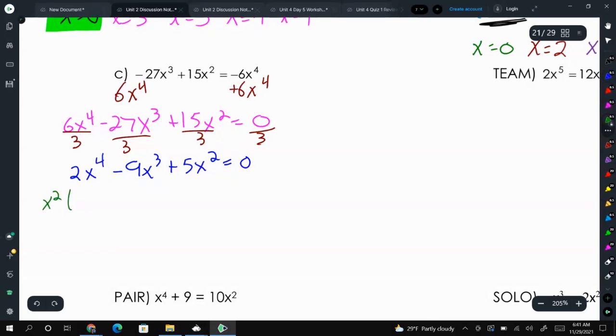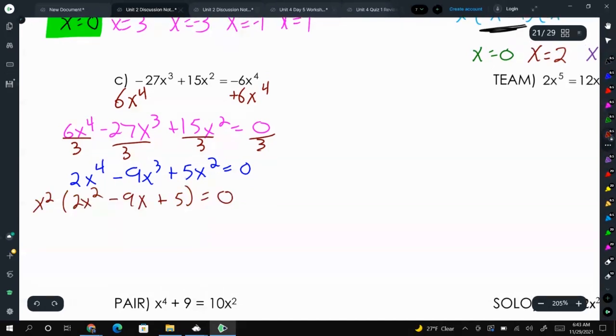So x squared, and then I'm left with 2x squared minus 9x plus 5 equals 0. And then we got to look, what can we do with this? Can we factor that? Well, two numbers that multiply to 10, because we got to multiply a times c, but add up to negative 9, well, there are no two numbers. And we learned that when we can't factor something, we have to use the quadratic formula.